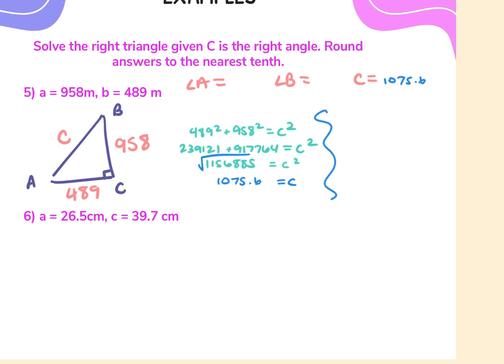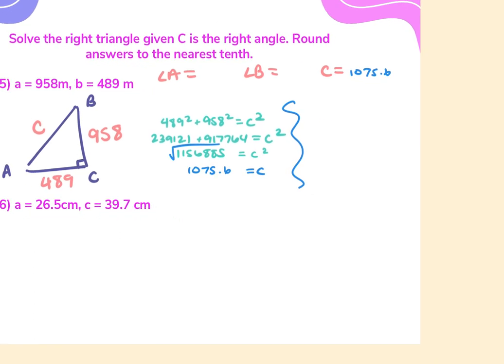To find the other ones, let's say I want to find angle A. I will use the two sides that are given, and in respect to angle A, 958 is opposite and 489 is adjacent, and that trig function is tangent. So the tangent of angle A equals 958 over 489. When you are given the ratio and you're looking for the angle, you use the inverse button.